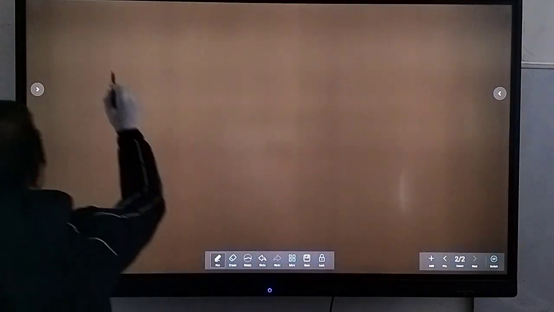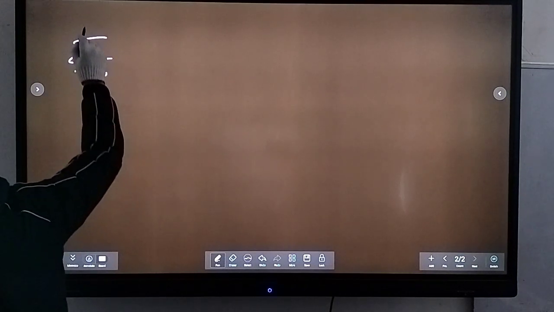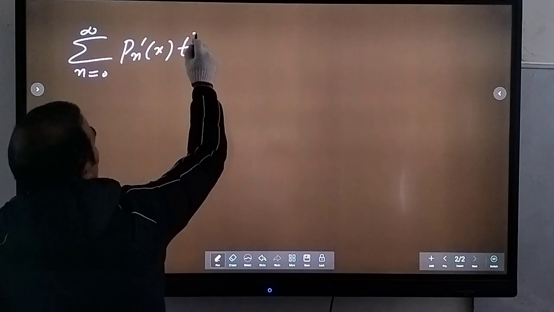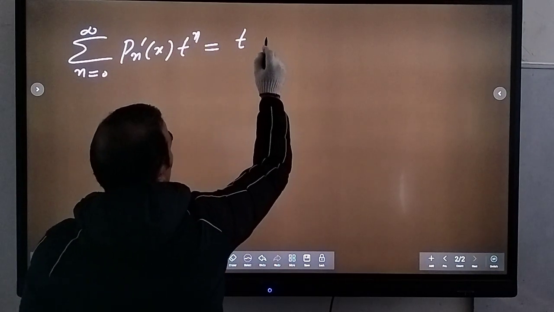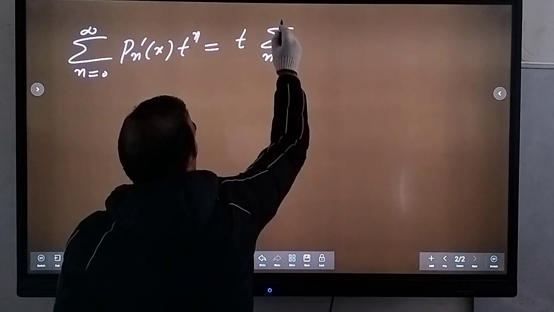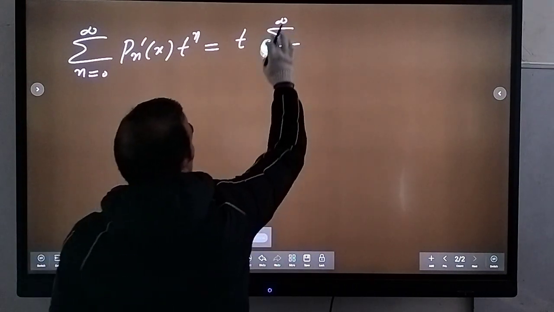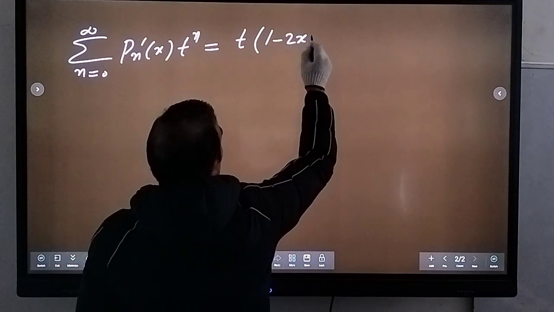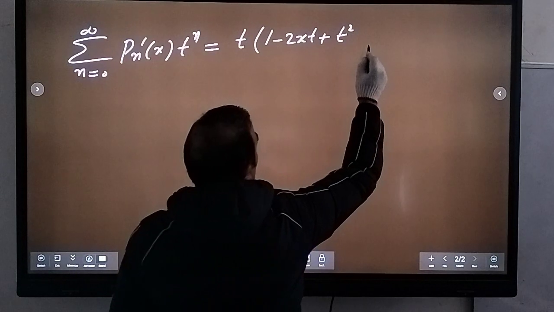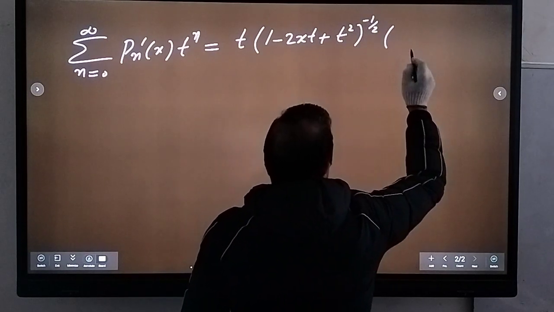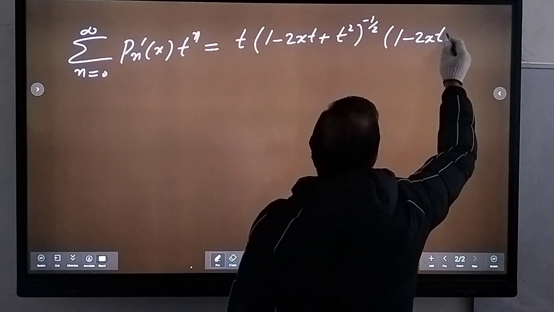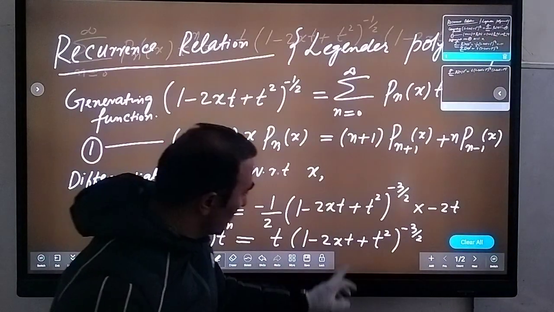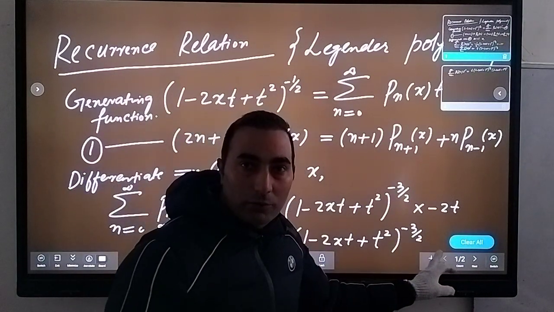So I can rewrite this as, because you can check this, it is (1 - 2xt + t^2) raised to the power minus 3/2.